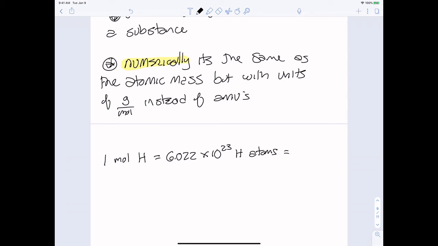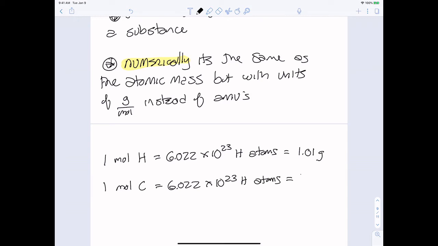I'm going to look at my atomic mass, and I'm going to know that the number there is numerically the same for my molar mass. So I know that this many atoms would weigh 1.01 grams. So 1 mole has a mass of 1.01 grams, and then it contains 6.022 times 10 to the 23rd atoms. Right? 1 mole is always 6.022 times 10 to the 23rd hydrogen atoms.